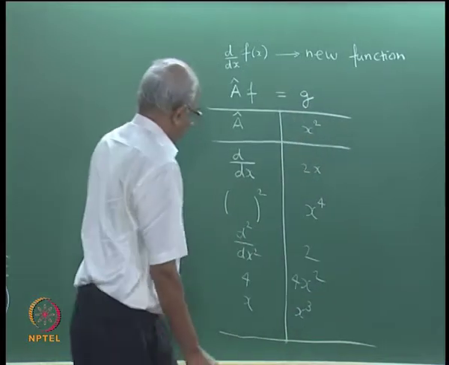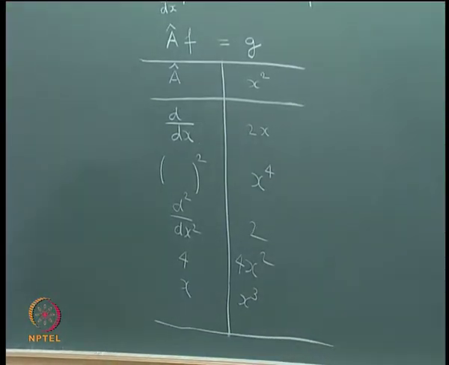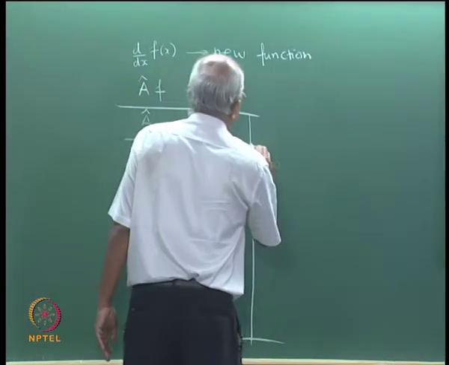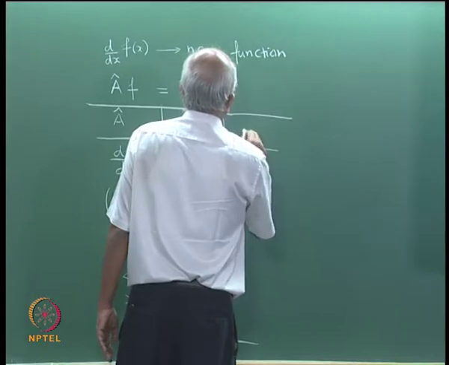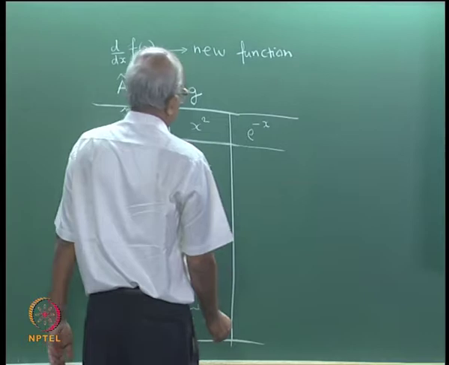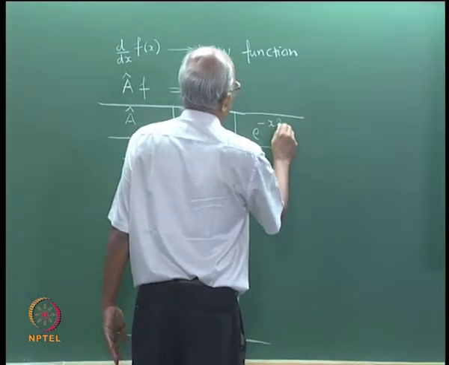So, these are all examples of operators, and to make it a little bit clearer, maybe I should think of another function, maybe e to the power of minus x. Well, let me put a constant also there, maybe e to the power of minus 2x.